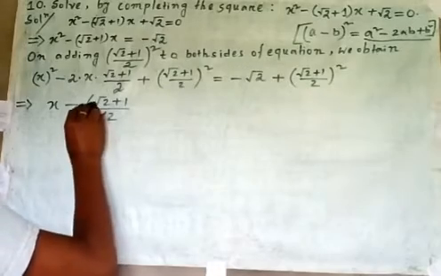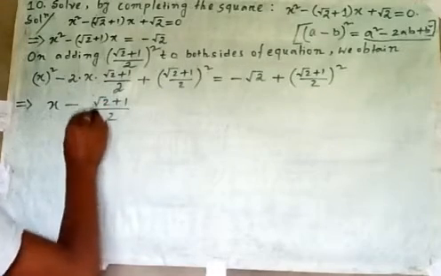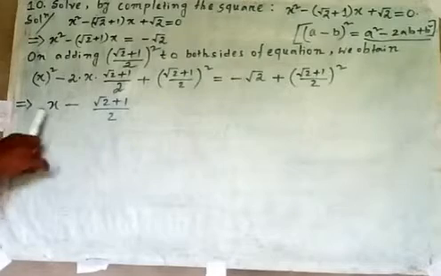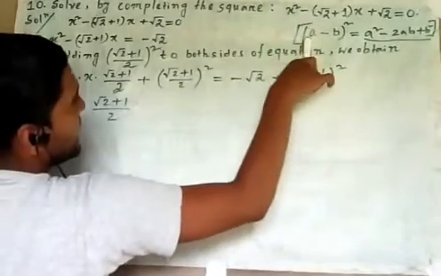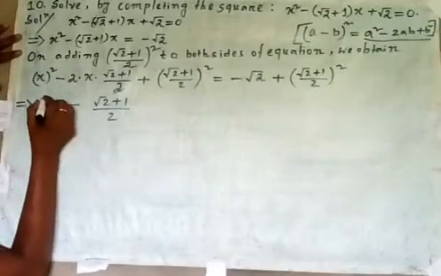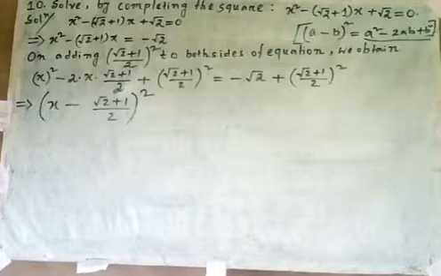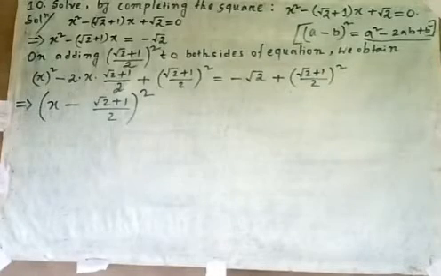So a means x, b means (√2 + 1)/2. What is the formula? (a − b) whole square. So we have to give the whole square.